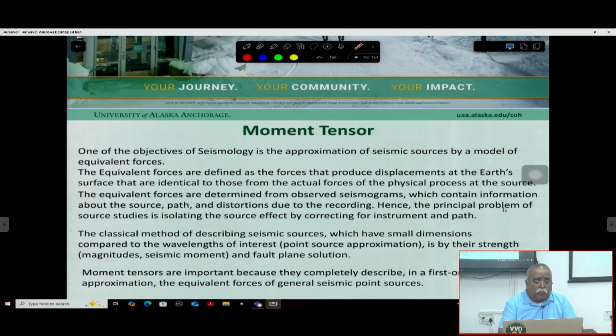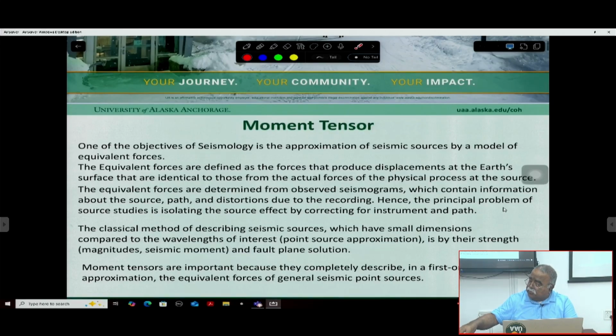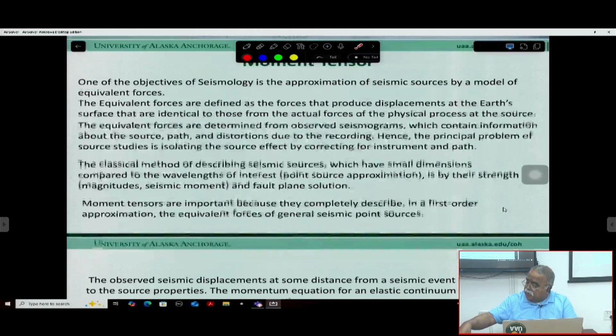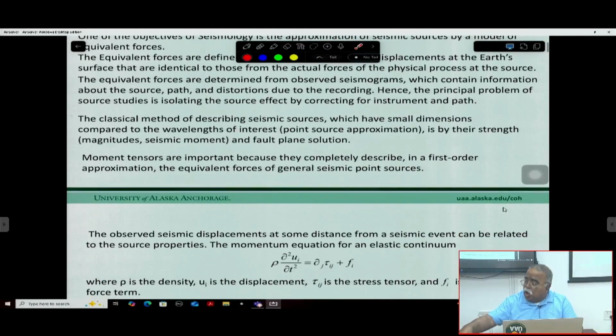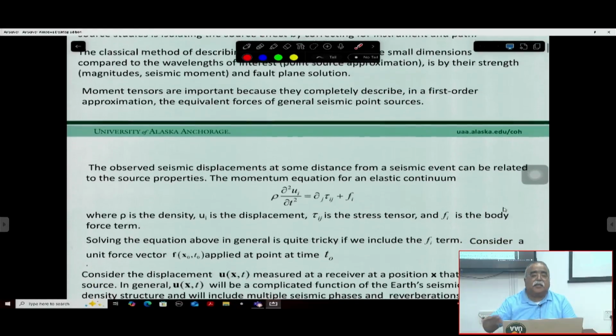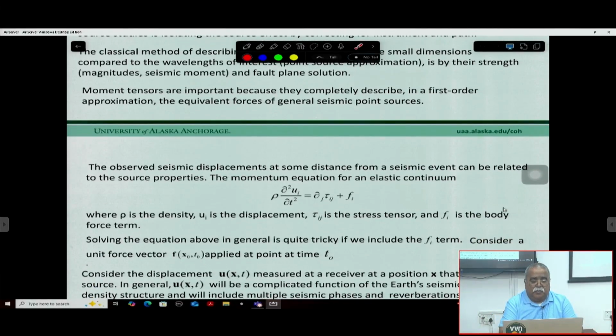So we are interested in giving a mathematical formulation of this entire phenomenon from the earthquake source to the recording.